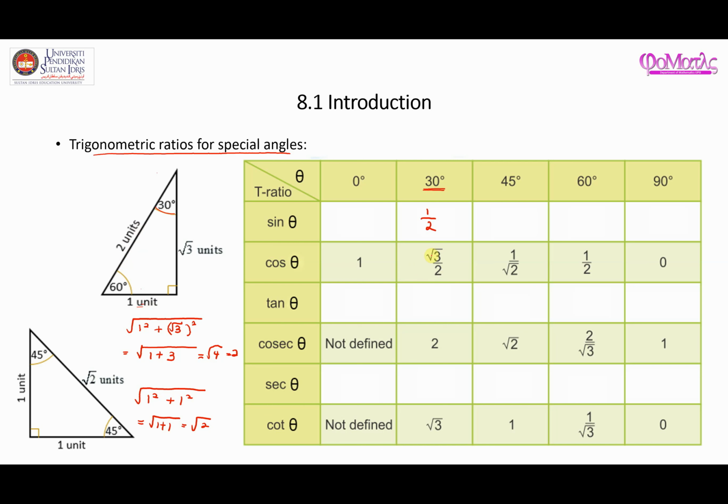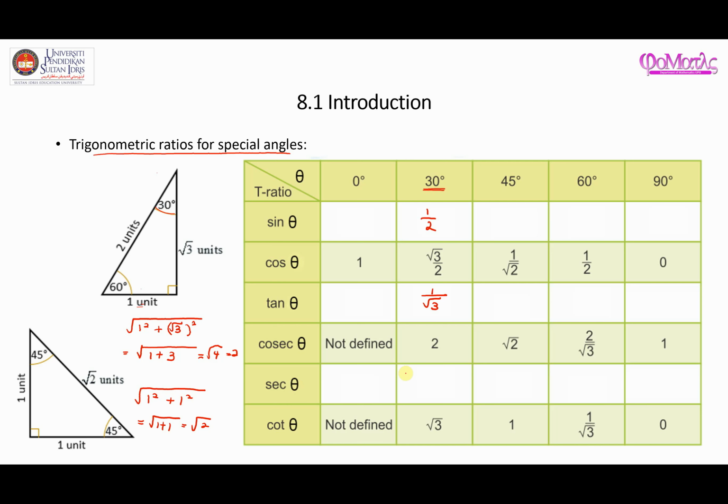Cosine of theta is already given. That will be adjacent over hypotenuse. Tangent of theta is opposite over adjacent, so that will be 1 over root 3. Next, cosecant of theta is already given.